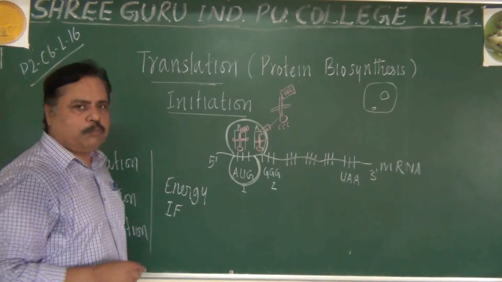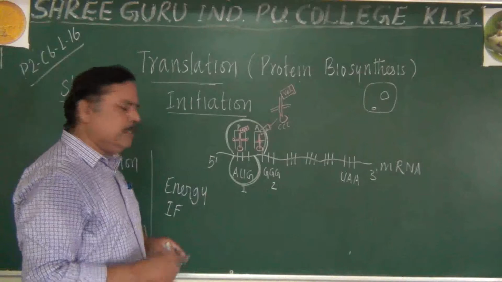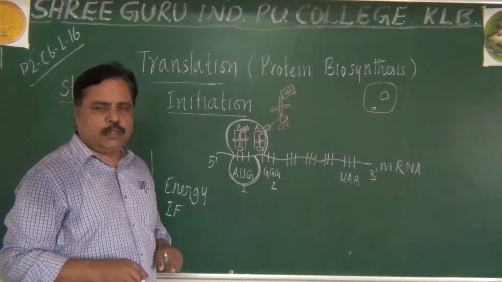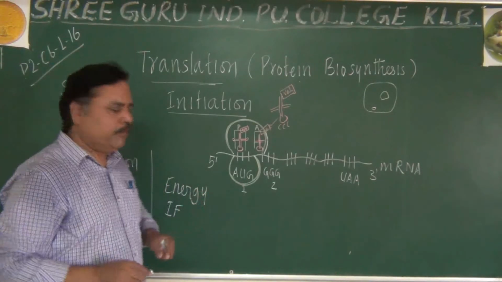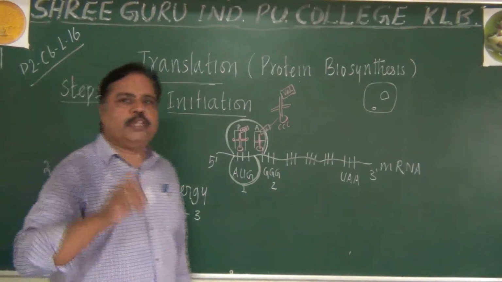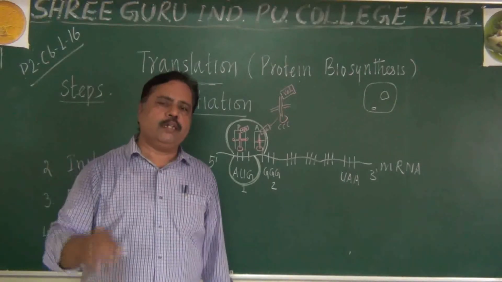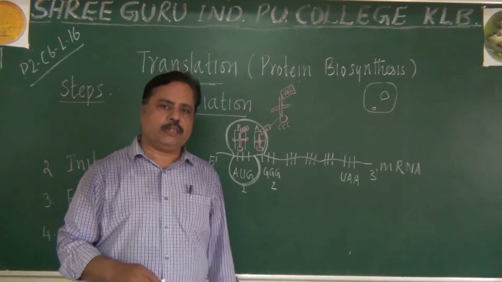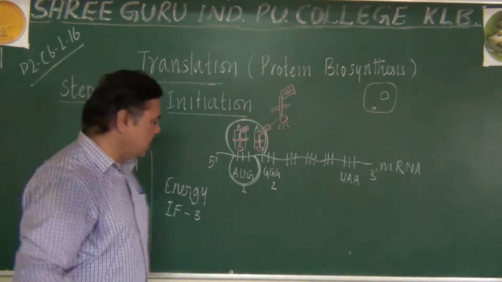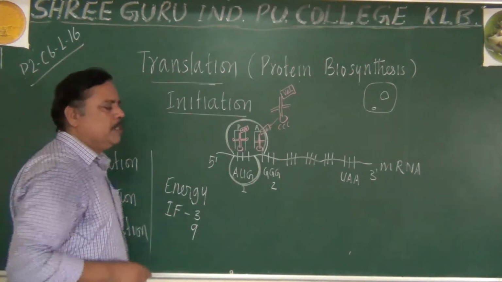Enzymes catalyzing this step are called initiation factors. It was proved that in prokaryotes there are three types of initiation factors, IF1, IF2, IF3. In eukaryotes, there are 9 types of initiation factors.